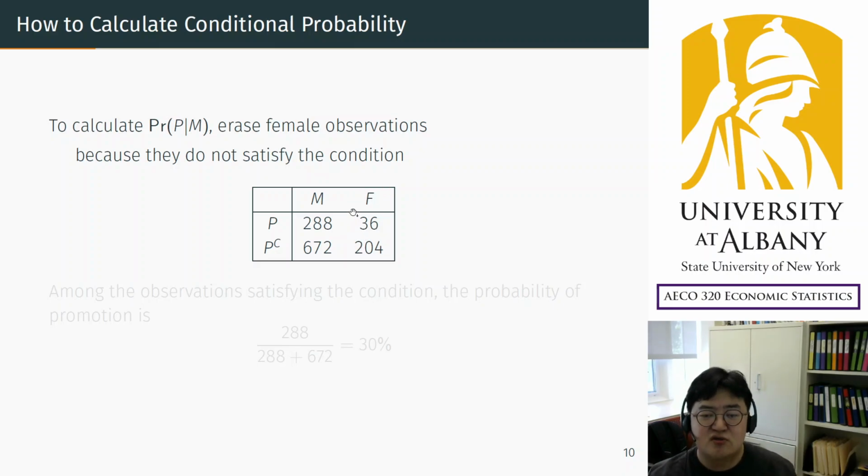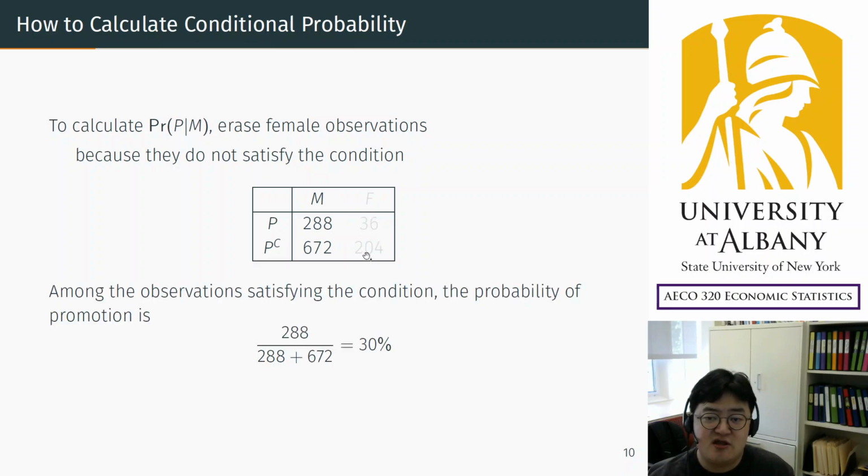So I'm going to restrict my observations to those that satisfy the condition, right? So delete this because they don't satisfy the condition, but only these observations are those that satisfy the conditioning event M. And then it is simply just one variable probability.